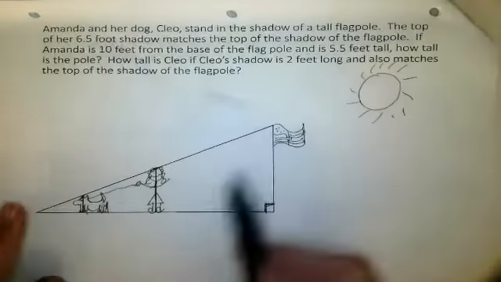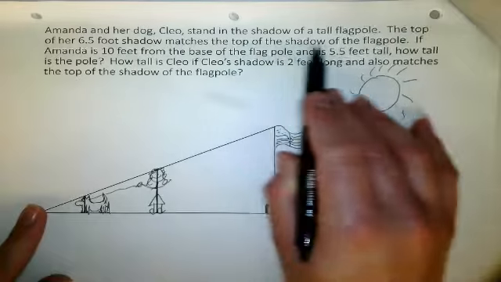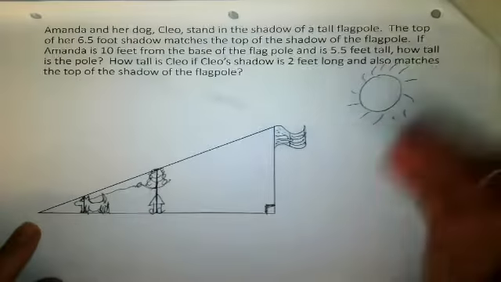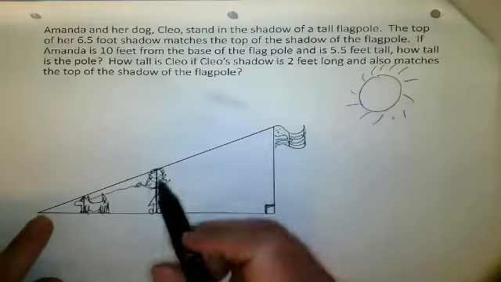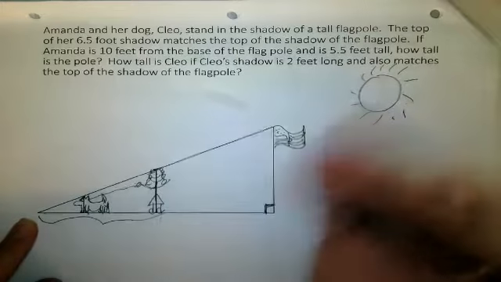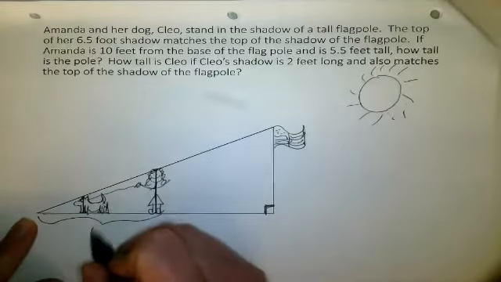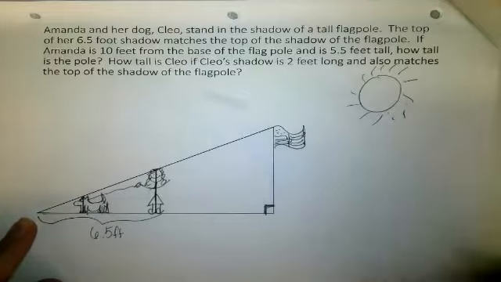The top of my 6.5-foot shadow matches the top of the shadow of the flagpole. So right now, at this moment in time, my shadow is lined up exactly with the shadow of the flagpole. And my shadow is 6.5 feet.